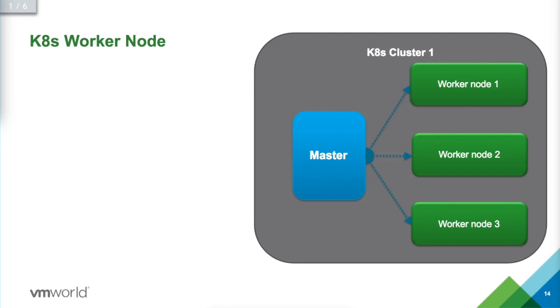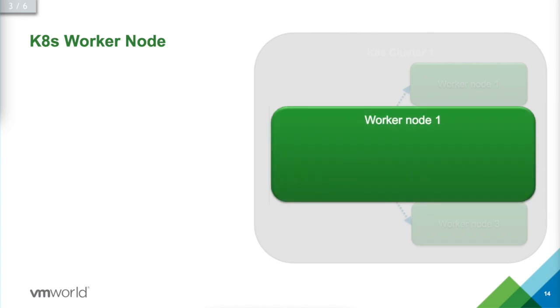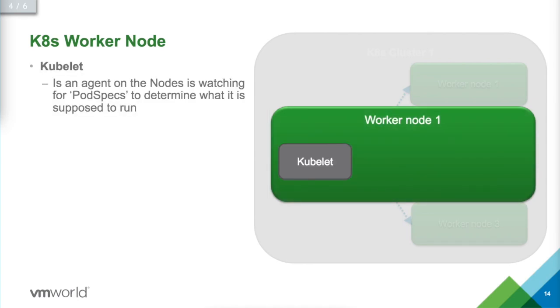Let's have a look at the worker node now. First major component of worker node is kubelet. Kubelet is an agent that only interacts with API server on the master node.